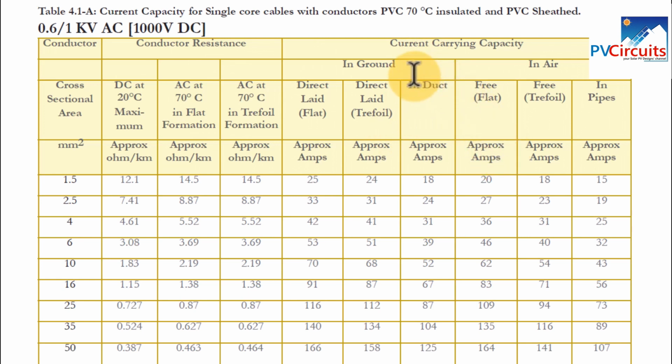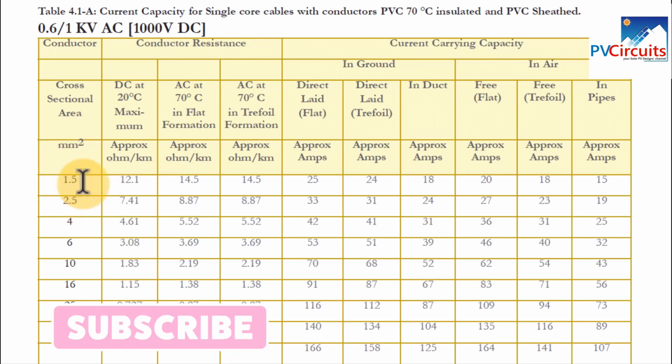In our case, we are looking at a cable that has the capacity to conduct 12.5 amperes, and our cable will be direct, free in air. We come to this column here and we see that there is this cable here that is 20 amps, which is more than 12.5, and this gives us 1.5 millimeter.